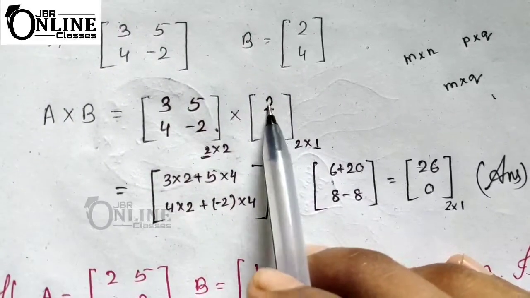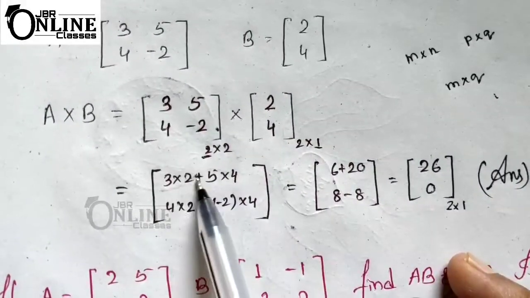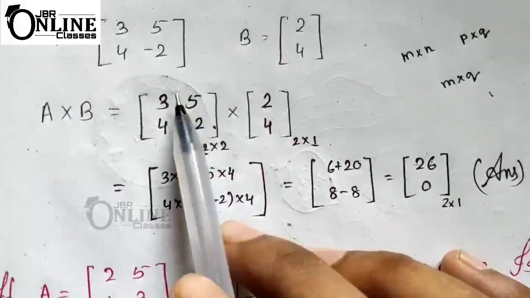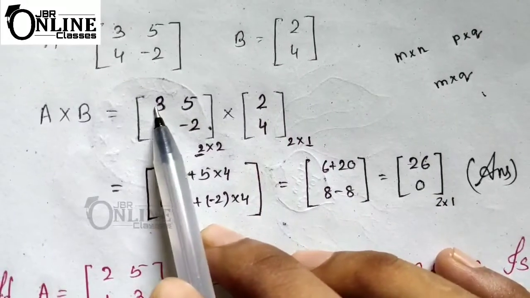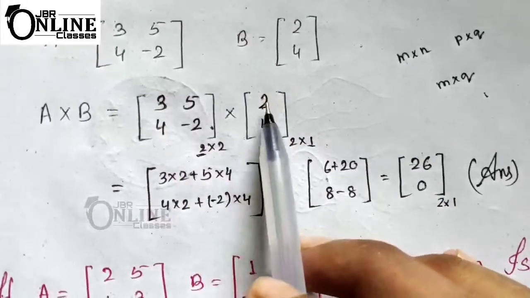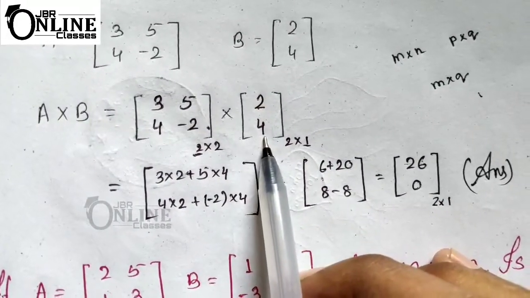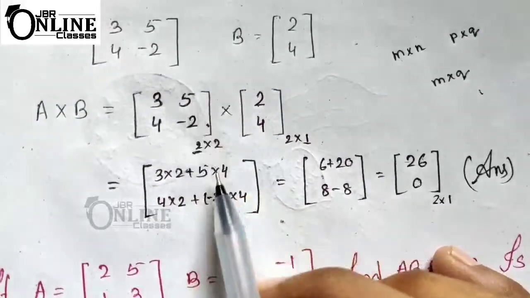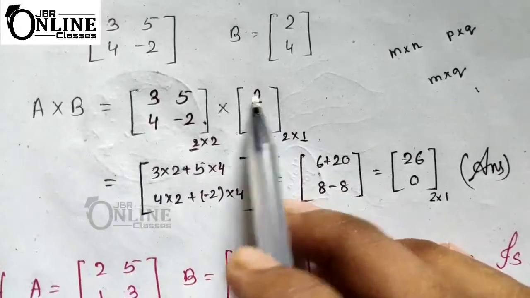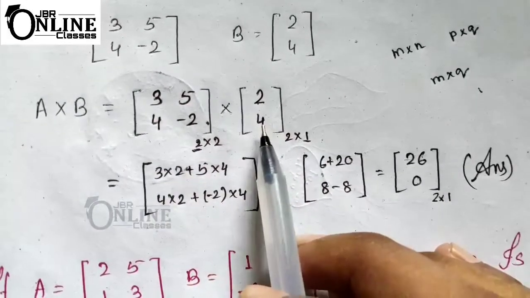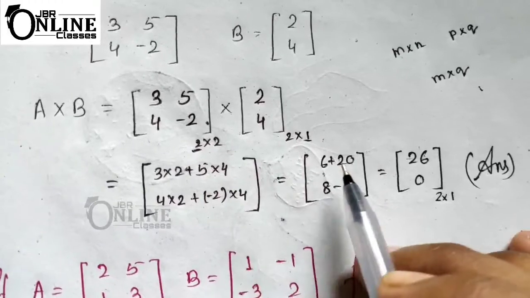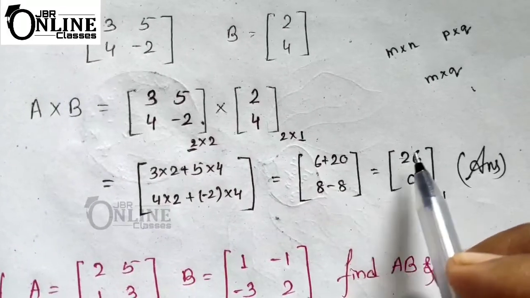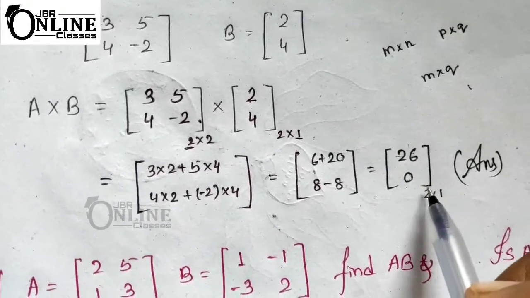So first 3 into 2, then plus 5 into 4. Now 4 into 2 plus minus 2 into 4, so that equals 6 plus 20. Next 8 minus 8, and that equals 26, 0. So here the final answer is [26; 0].